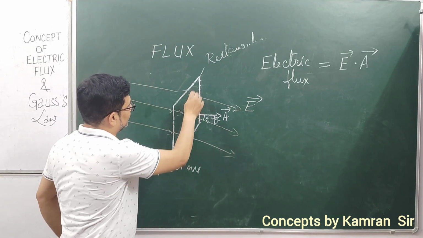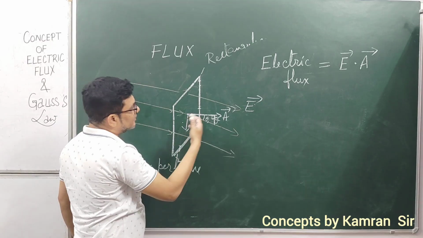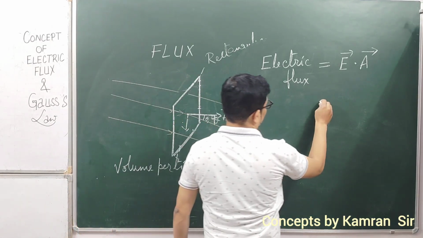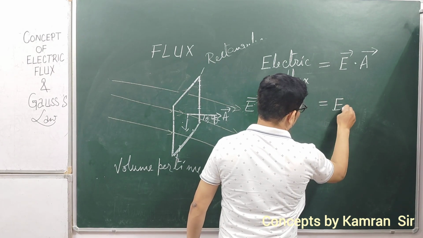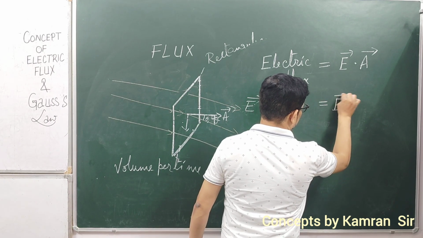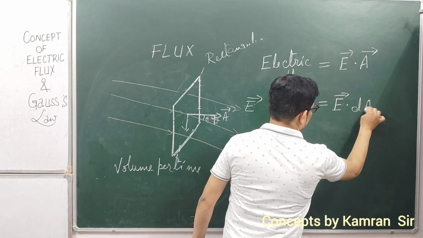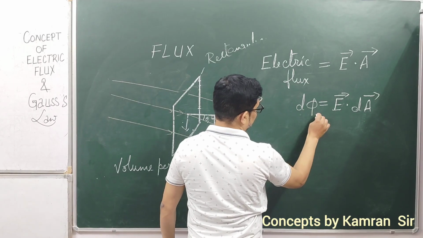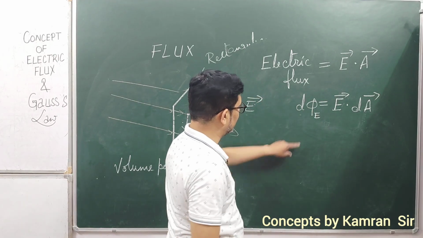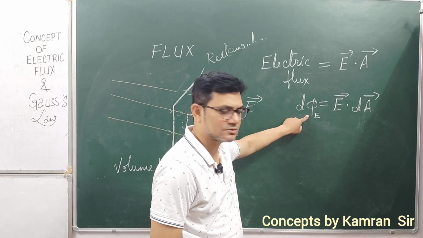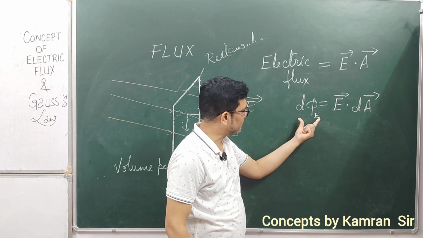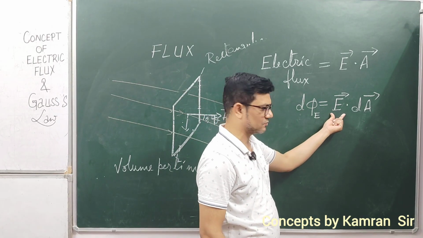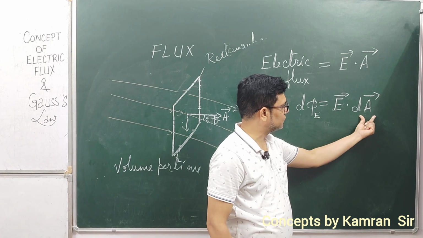When we divide this into small bits of area in a differential form, we get the differential electric flux. A would be dA in differential form, and we designate this with the notation phi, the differential elemental electric flux. If I want an equation, electric field is constant, E dot differential area.